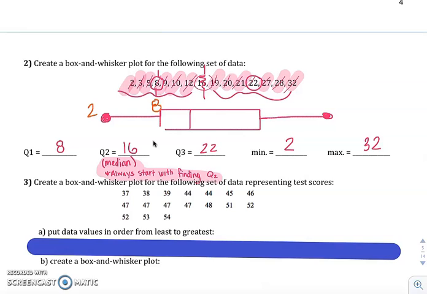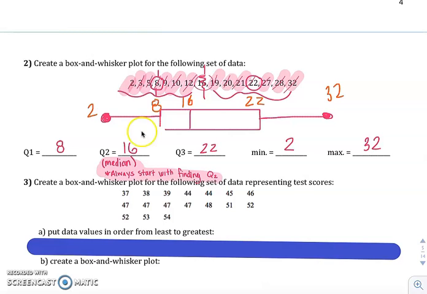Your Q2 is the second line, so 16. Your third line, or the end of your box, is 22. And then the last point for that second whisker is your maximum value, which is 32. So always start with finding the median, and then you just essentially find the median 2 more times.